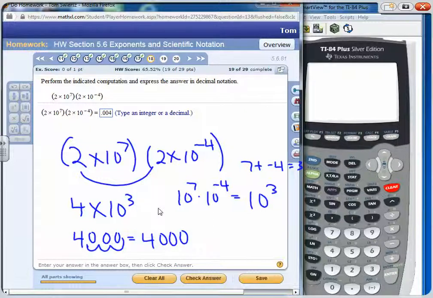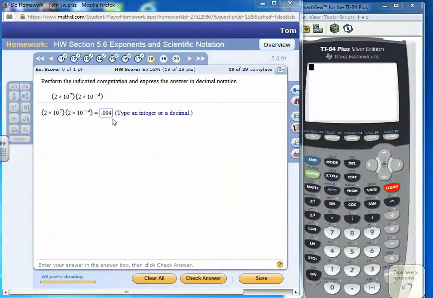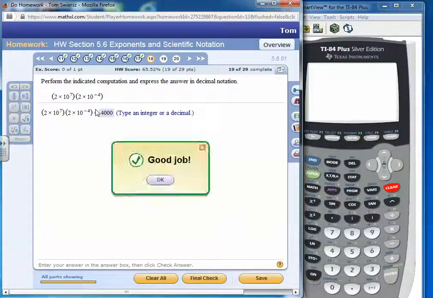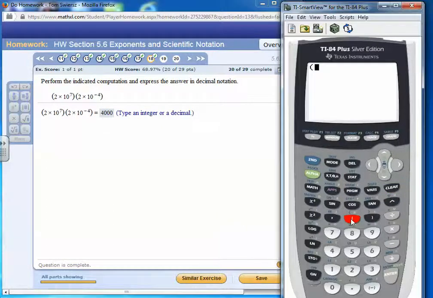Okay, that's better. The exponent is a positive 7 and negative 4 is a positive 3. All right, sorry about that. So the answer is actually 4,000. Now on the calculator, we can use parentheses. The first number is 2, and then times 10 to the 7th power.